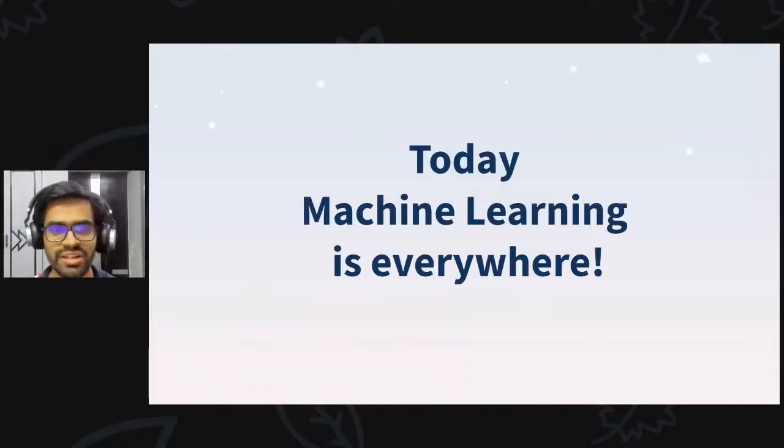Now, we know that today machine learning is literally everywhere, right? Whether it's in the field of education, healthcare, or even in factories. Whether it's trying to understand the stock market situation that has come from Elon Musk's tweets, or trying to remove hate tweets that might be on a platform like Twitter. All of these different applications involve machine learning and artificial intelligence in some way or the other.